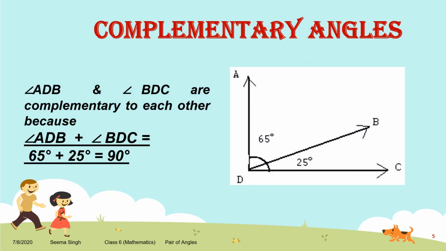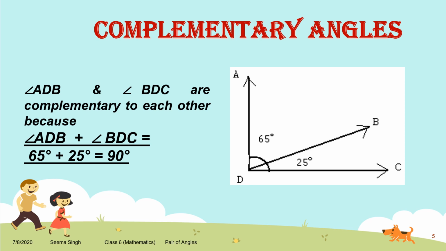Now let's have a look at an example of complementary angles. We have angle ADB and angle BDC. These are complementary to each other. How? Let us see. Angle ADB is 65° and angle BDC is 25°.